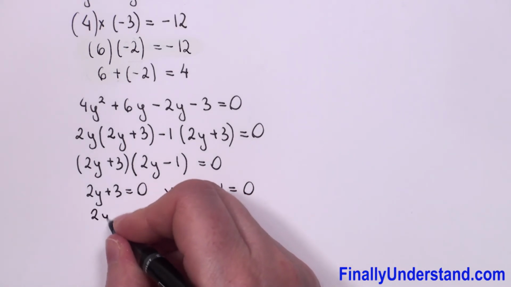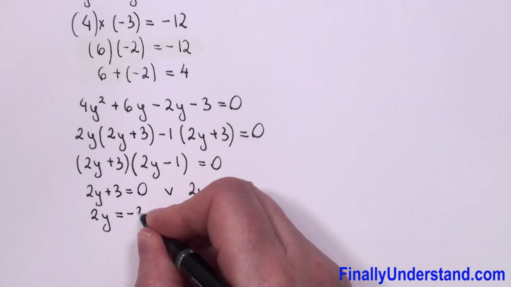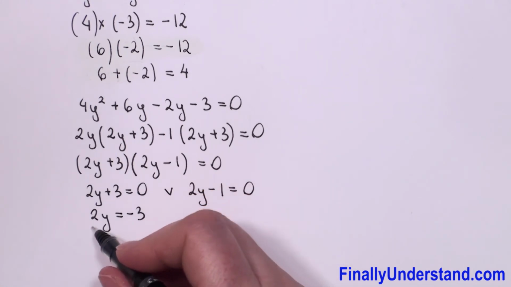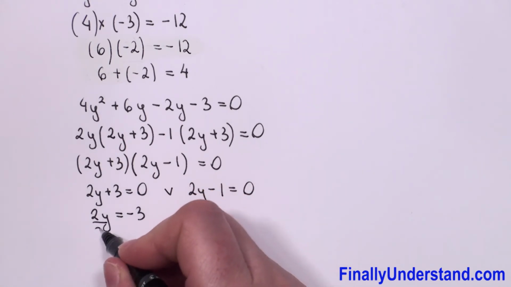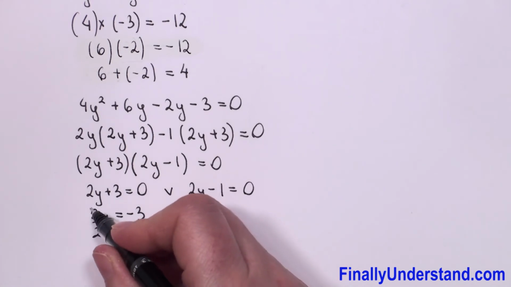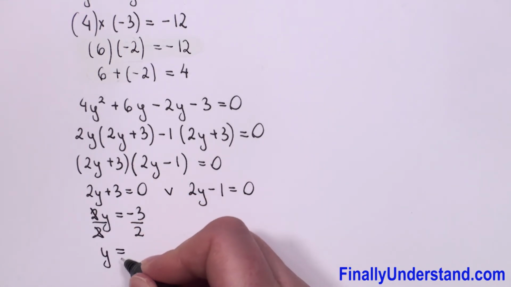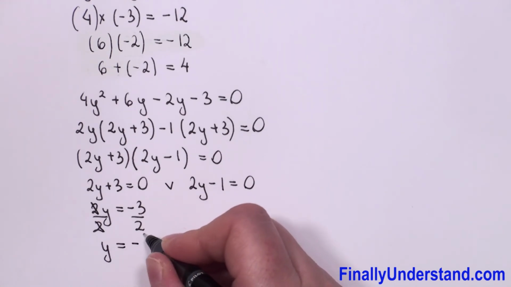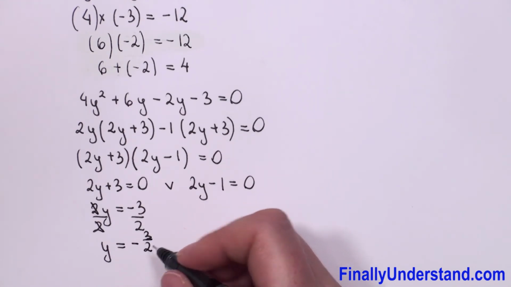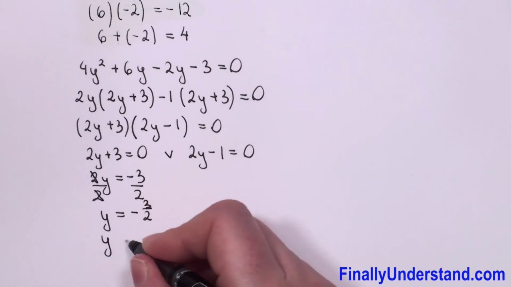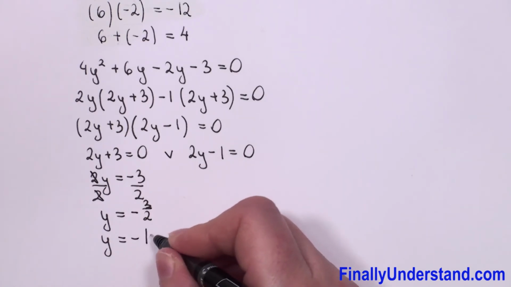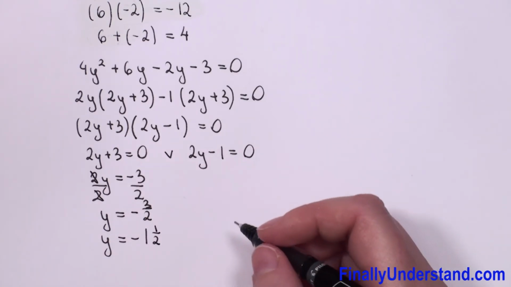So we have 2y equals negative 3. I have to divide both sides by 2. So 2 and 2 will cancel. So I have y equal negative 3 over 2. So y is negative 1.5.